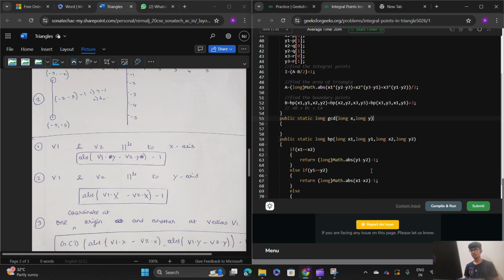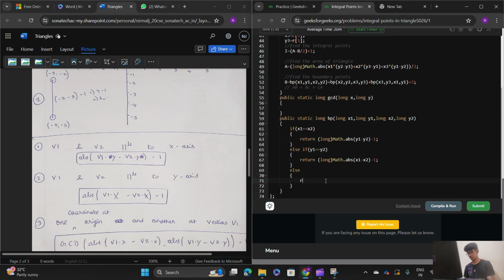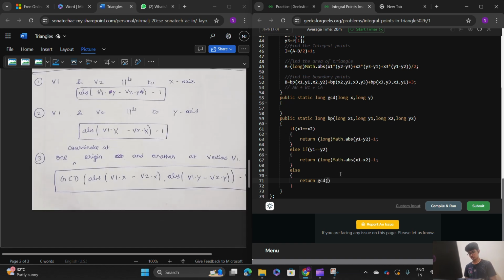First of all, let me return gcd of math.abs of x1 minus x2, comma, math.abs of y1 minus y2, and then subtract 1 at the end. This should be typecast into long, and this also typecast into long.